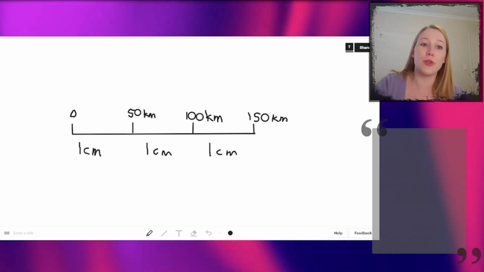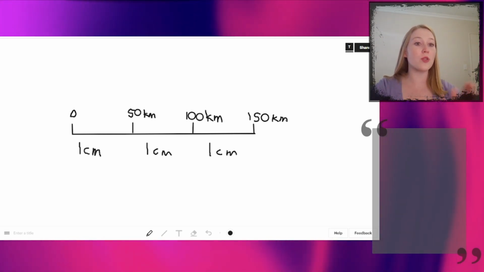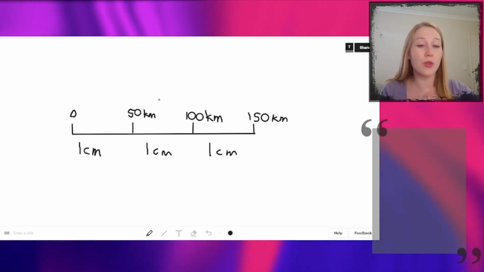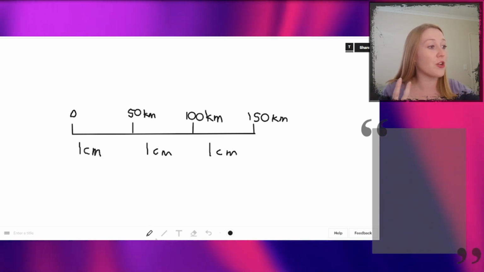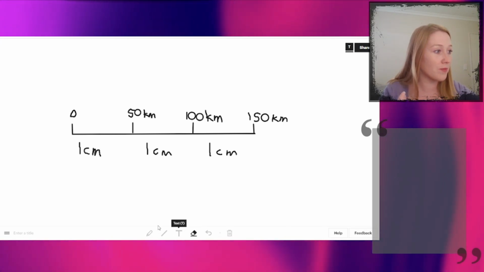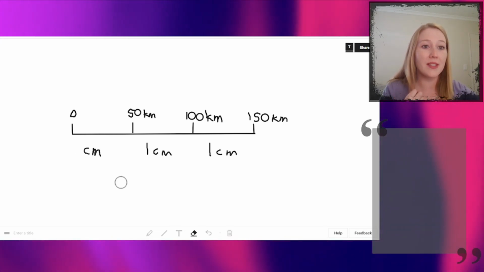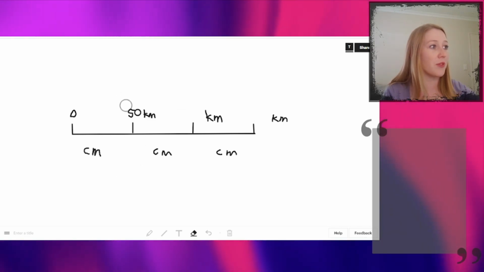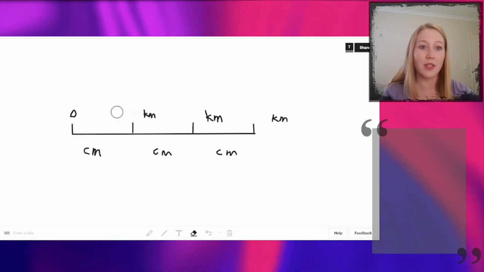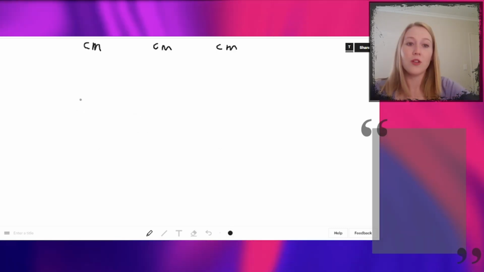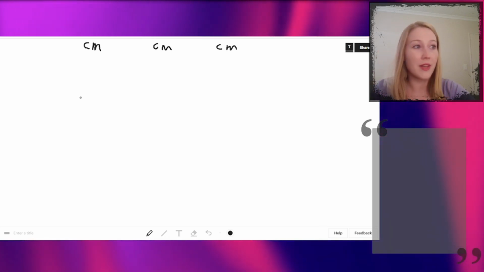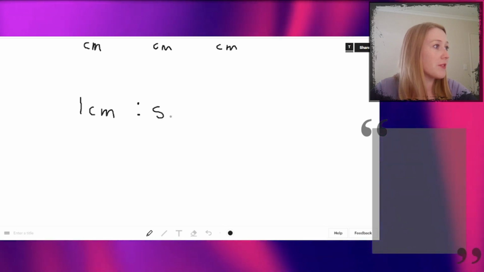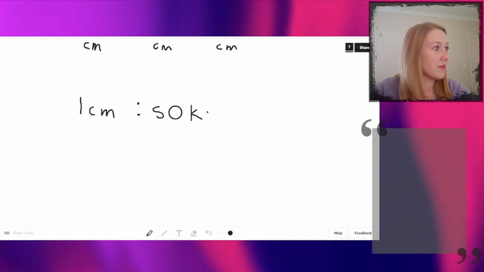Now, I want to show you what I mean by the intervals don't always have to be 1 centimeter. So I'm going to redraw this line scale, but with 2 centimeter intervals. But the actual scale, I'm going to leave the same. You'll see what I mean now. I think I prefer this whiteboard. So previously, I was saying that 1 centimeter represented 50 kilometers.